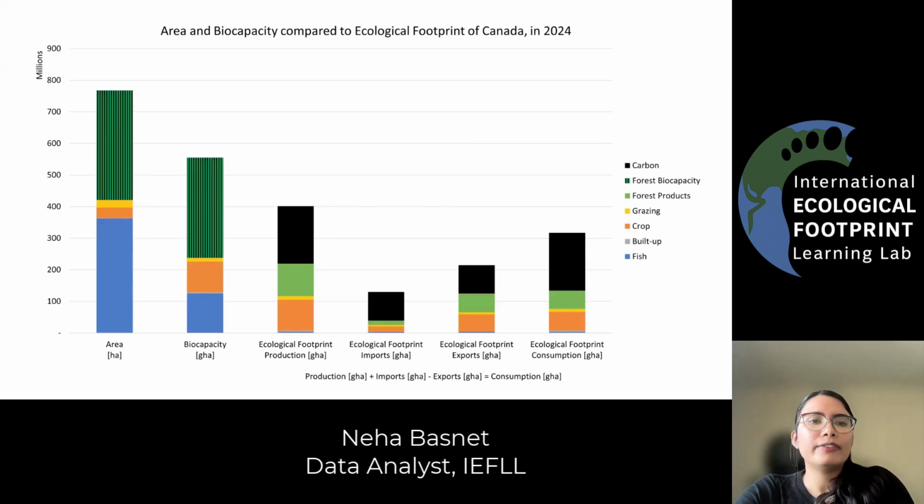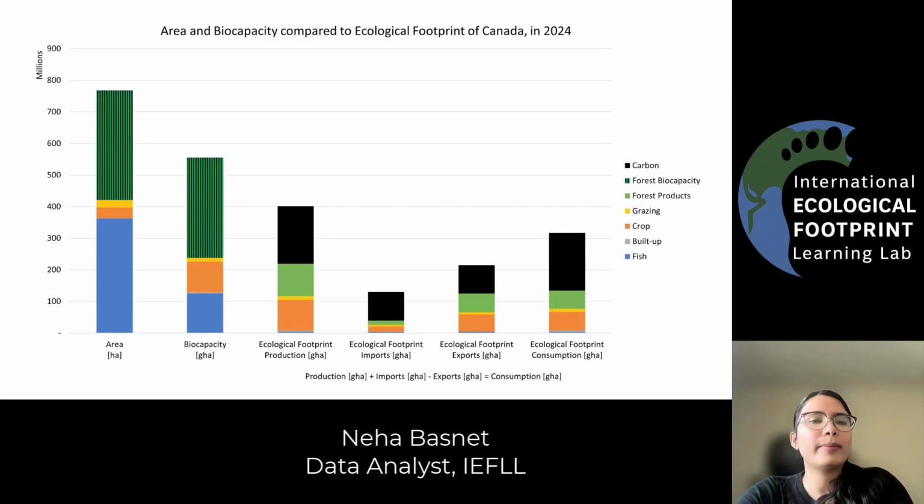So this is a bar graph that identifies, from the left to the right, the area of Canada that yields biocapacity in terms of those components that were identified earlier while defining ecological footprint and biocapacity. So you can see that the biocapacity within Canada on a global hectare basis is less than the total number of hectares.